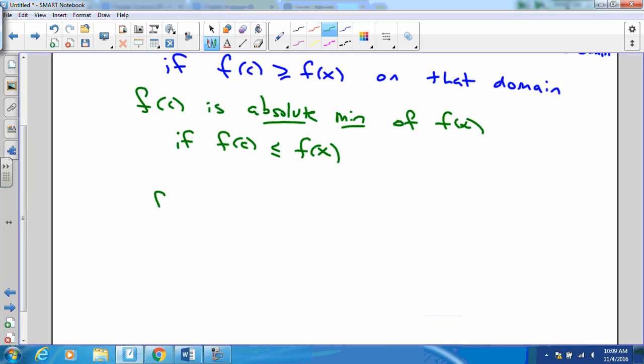So if I have f of x is equal to sine x, then what is its absolute max value? 1. And how many times does f achieve its absolute maximum value? An infinite number of times.